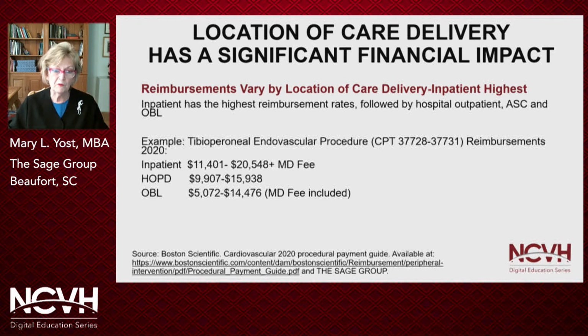The reimbursements for inpatient are $11,000 plus to $20,000 plus, and there's an additional physician's fee on top of that. Hospital outpatient, same procedure, $10,000 or so to $16,000, and OBL though, $5,000 to $14,000 plus, and the physician fee is included in those reimbursements.